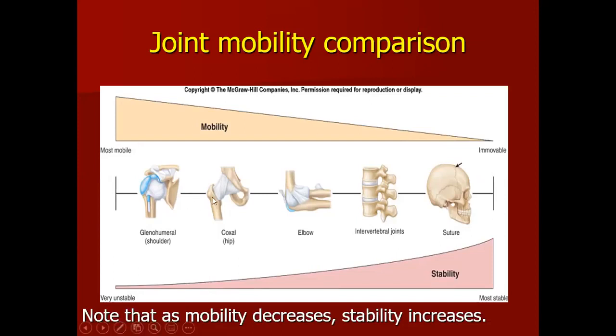Hip is slightly less mobile, more stable. Elbow is slightly less mobile, more stable. You get to the pubic symphysis and your intervertebral discs, or your amphiarthroses, talking about quite a bit of stability there. And then those sutures and those gomphosis are not supposed to be movable. They're immovable joints. So you have a trade-off between stability and motility.